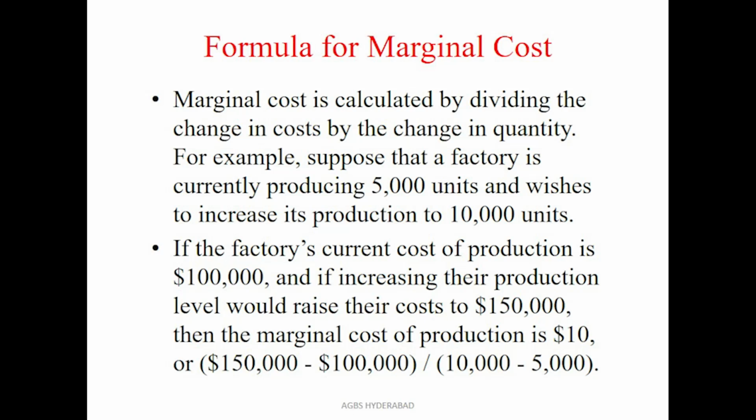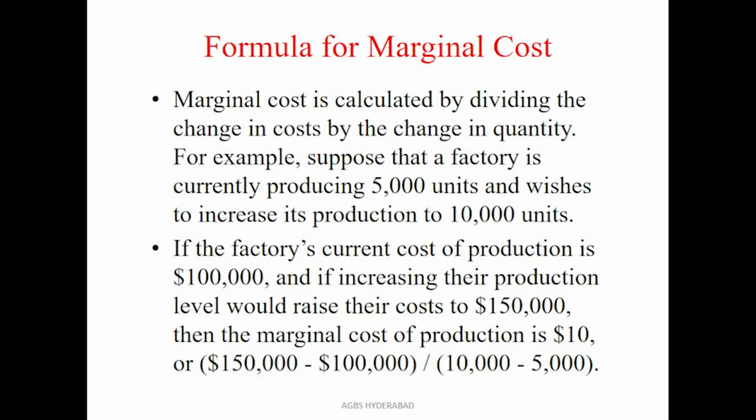Say a factory is currently producing 5,000 units and wishes to increase its production to 10,000 units. If the factory's current cost of production is $1 lakh, and increasing the production level would raise the cost to $1,50,000, then the marginal cost of production is $10, because of the excess number of units with the excess cost.